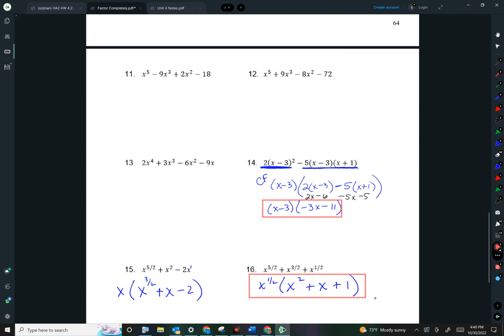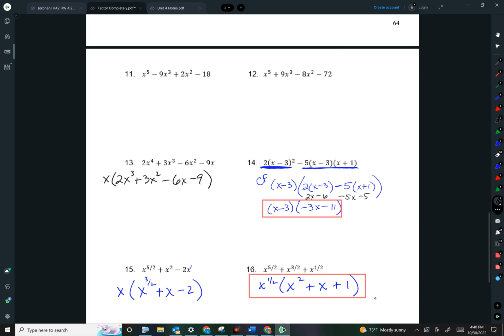Is there a common factor all the way across before I even do grouping? There is. Couldn't I take an x out all the way across? So if I take out an x, I'm going to have 2x cubed plus 3x squared minus 6x minus 9.